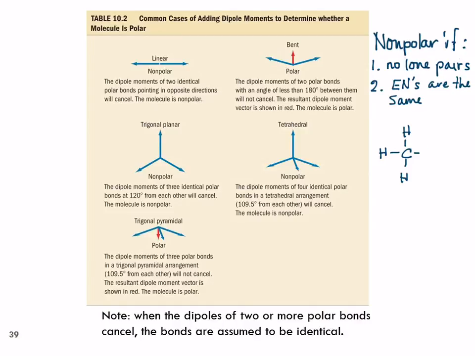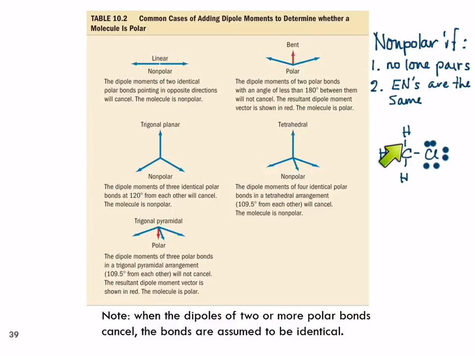If I switch out one of these and make it chlorine, is the electronegativity of chlorine the same as hydrogen? No. I'm like, oh, I don't have a table to look it up. Well, your best guess is, since they're different elements, that no, they're not the same.